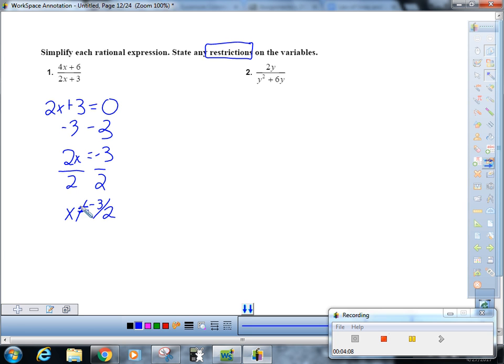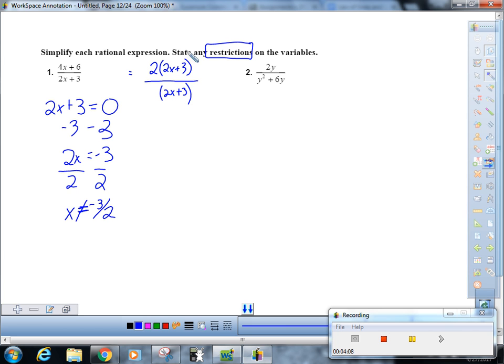So that's actually the second part of the directions. State the restrictions. Now, what you do to simplify is you just factor. And this one's so easy it might be actually difficult for you guys because it's so simple. What number does 4 and 6 both contain? So you just factor out a 2. Okay? And now, I'll write this in parentheses just so it looks the same.